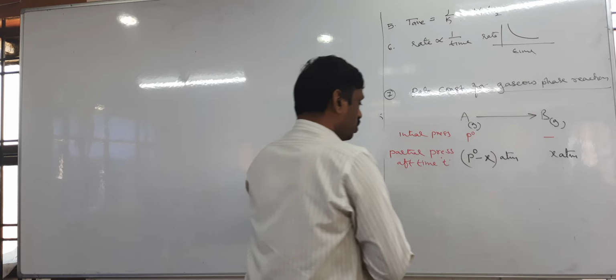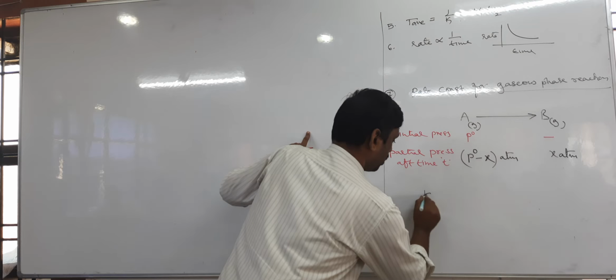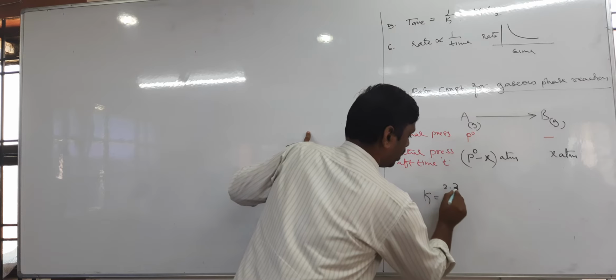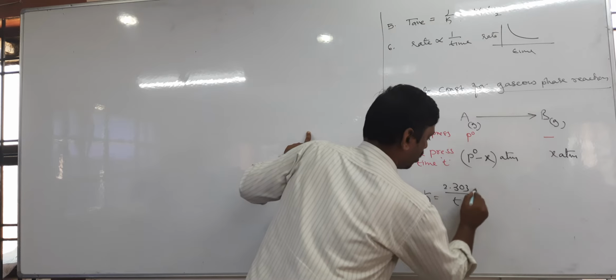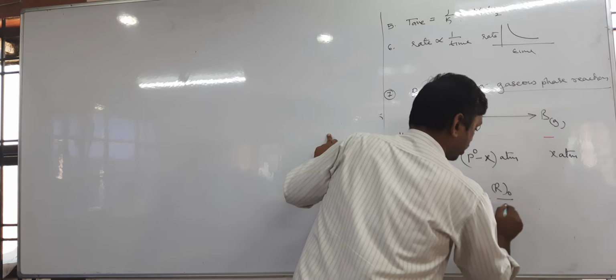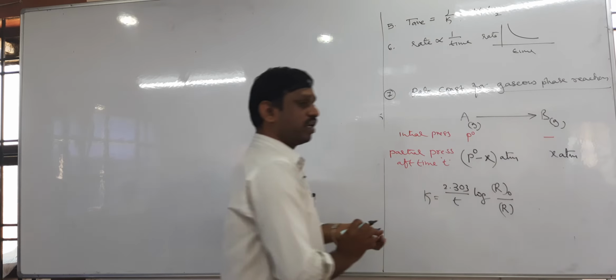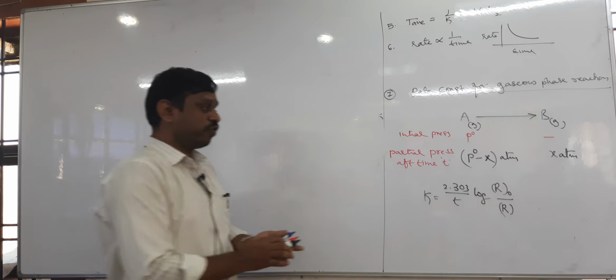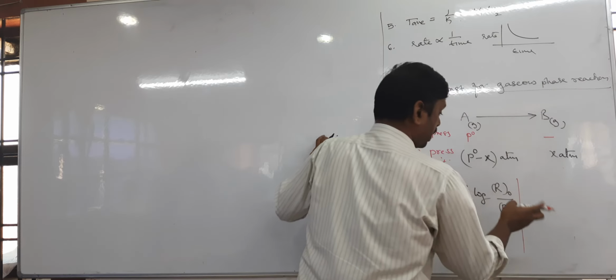Therefore we know the rate constant K equals 2.303 by t log R naught by R. R naught is the initial concentration of reactant, R is the concentration of reactant after time t. Now write in terms of partial pressure.